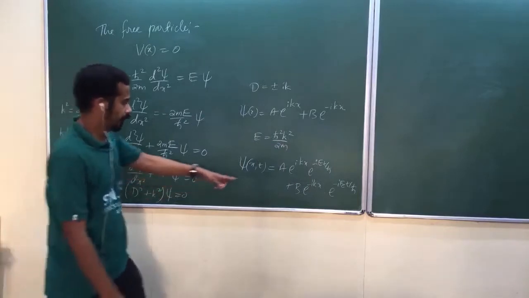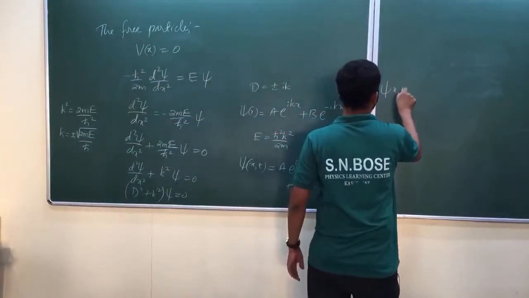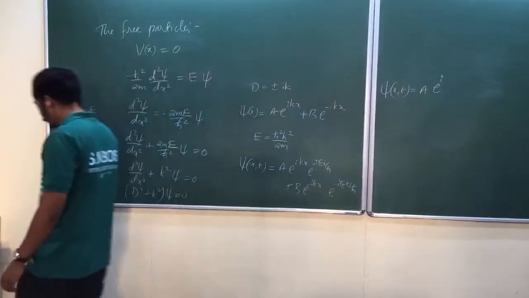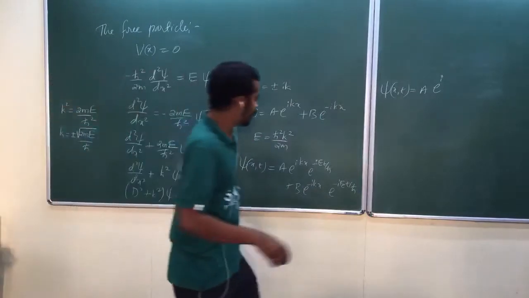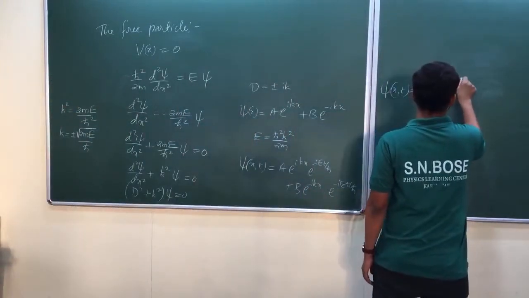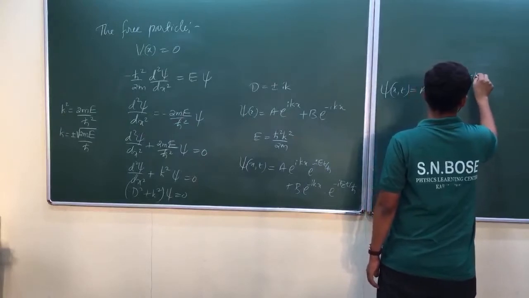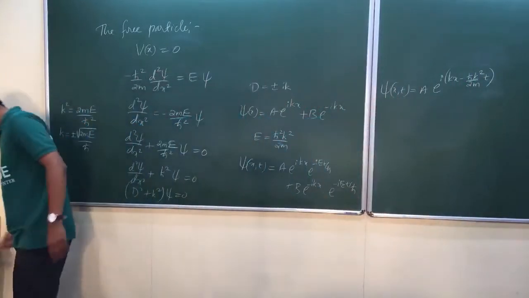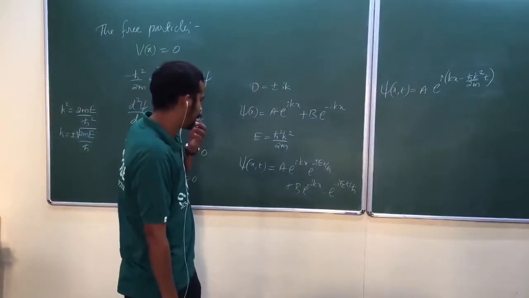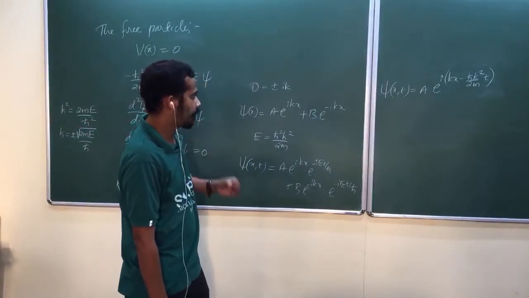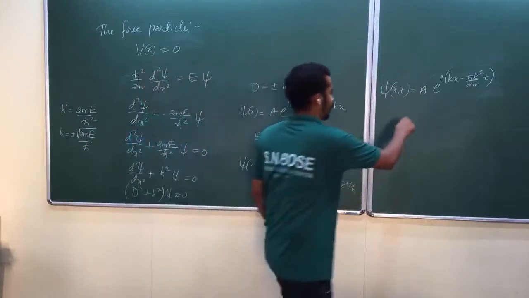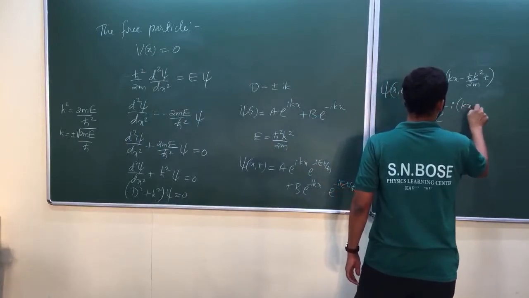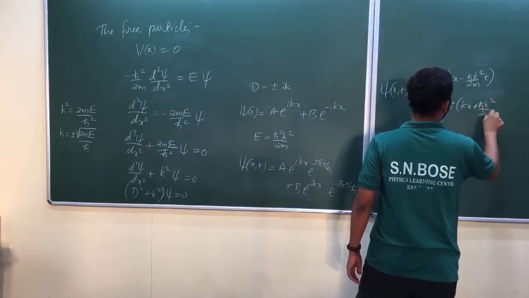Now look at here. When you see that equation, you'll get A e power i kx minus, if I substitute that E, h bar k square by 2m t, isn't it? Plus B into e power minus i kx plus h bar k square by 2m into t. Check this out.